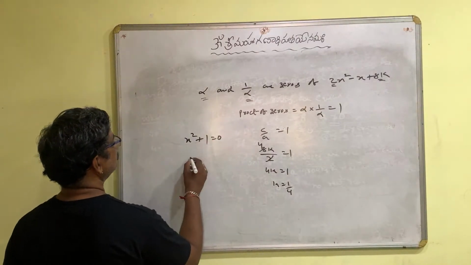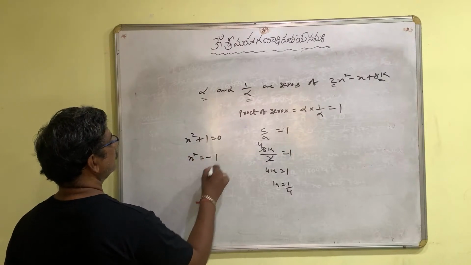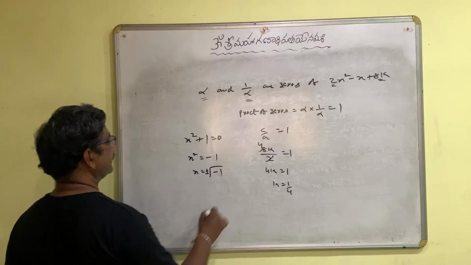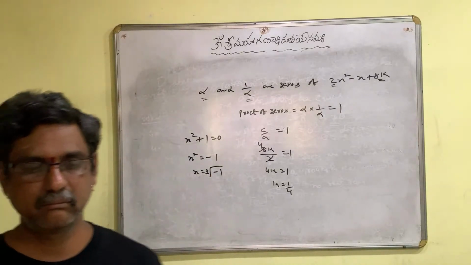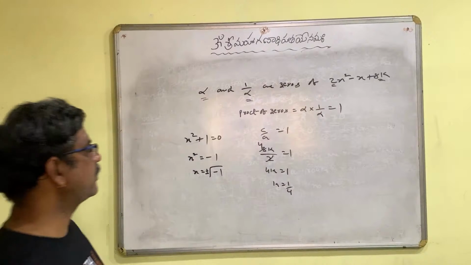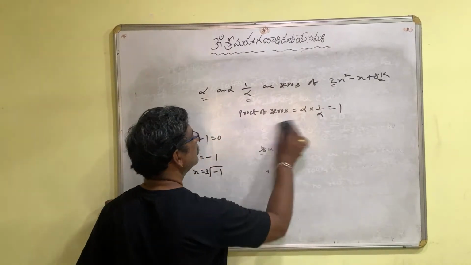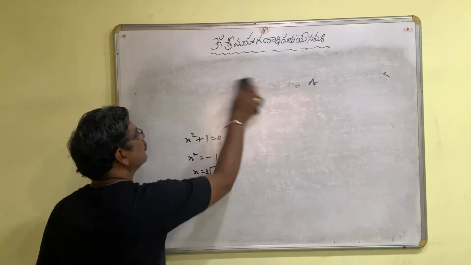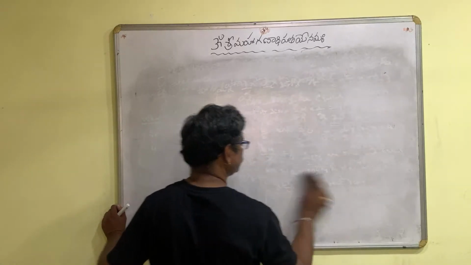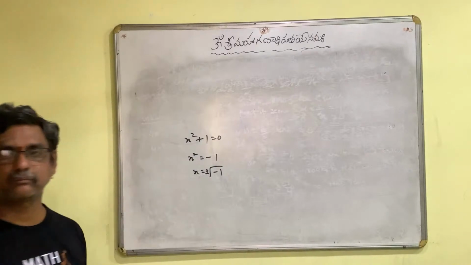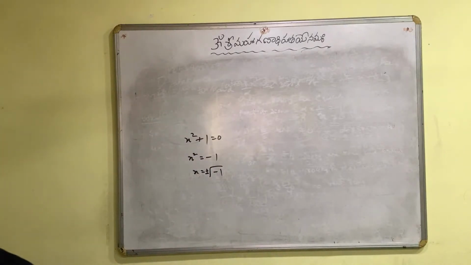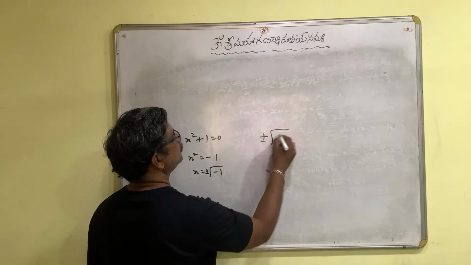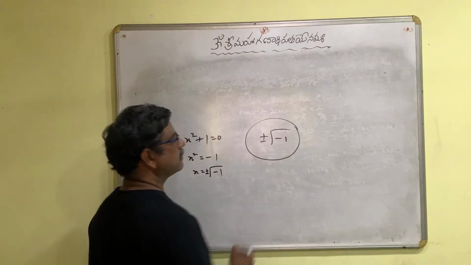Keep 0. x square is equal to -1. x is equal to plus or minus root over -1. What do we call this number?